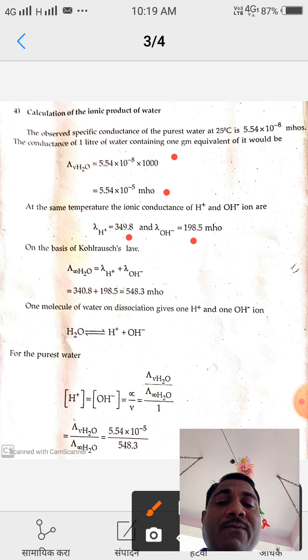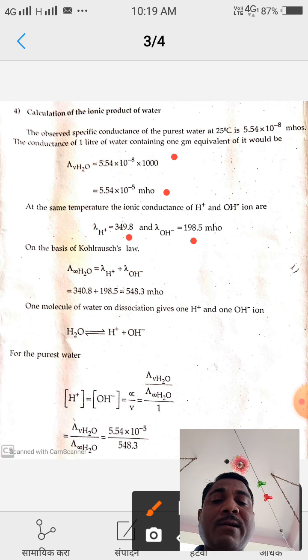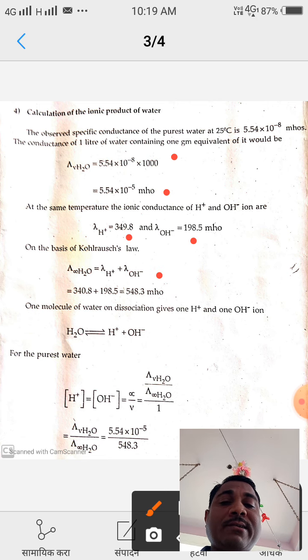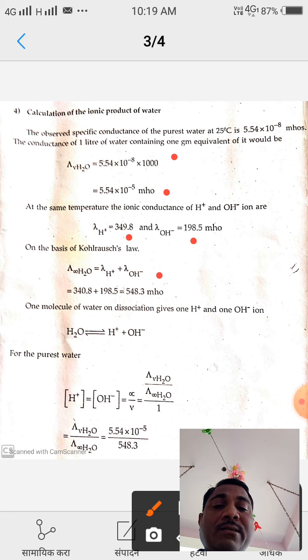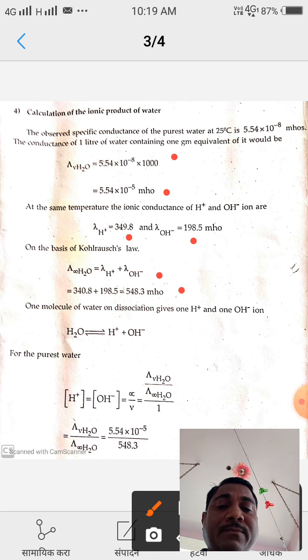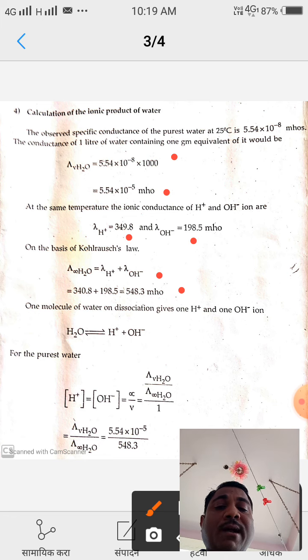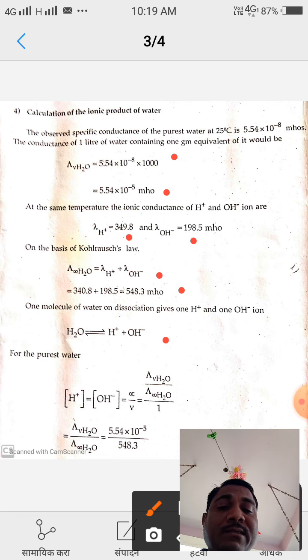On the basis of Kohlrausch's law, the equivalent conductivity of the electrolyte, or equivalent conductivity of water, is equal to the ionic conductance of H positive ion plus the ionic conductance of OH negative ion. Therefore, this value becomes 548.3 mho.